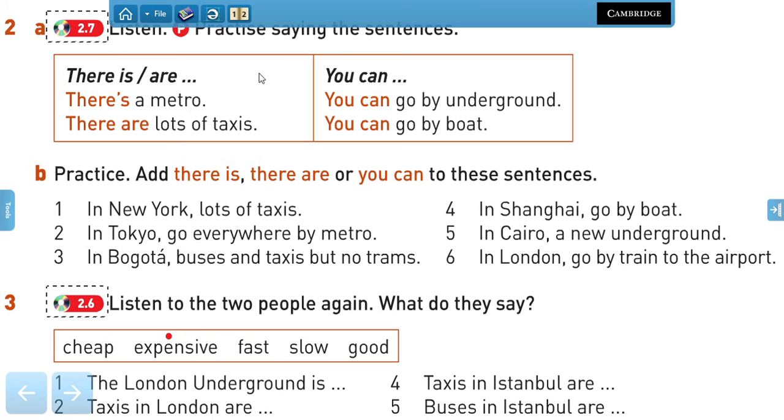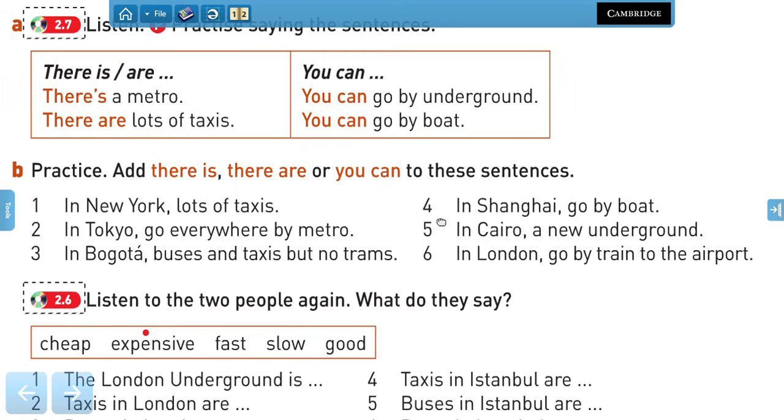Are you ready? So number 2, in Tokyo, you can go everywhere by metro. In Bogota, there are buses and taxis, but no trams. 4.